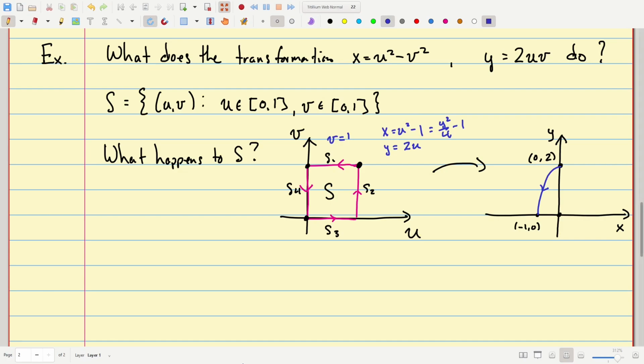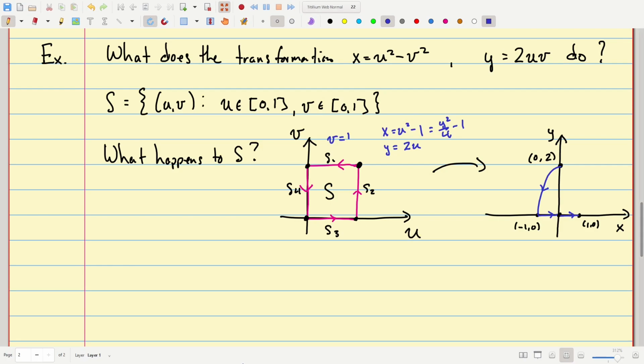When u is equal to 0, we're going to end up with this segment here. Okay. We continue on looking at 1, 0. This is going to give us this point over here. The math ends up being very similar for this part as well.